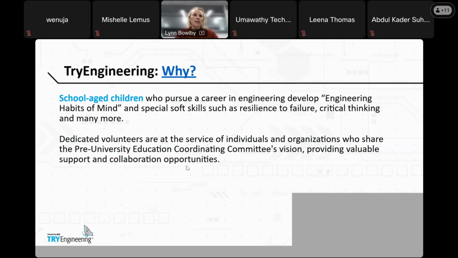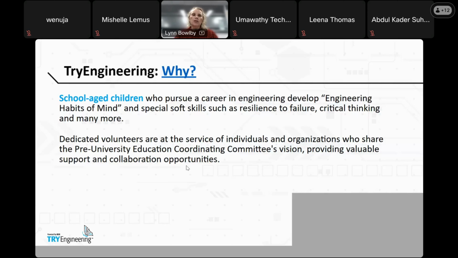School-age children, so these are students that have not entered university yet, who pursue a career in engineering, develop the engineering habits of mind and soft skills such as resilience to failure, critical thinking, and many more. Our TryEngineering website does include lesson plans for our educators as well as for you as volunteers as you're conducting your STEM outreach in your local communities.